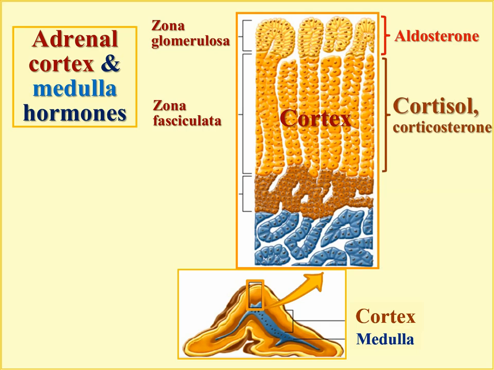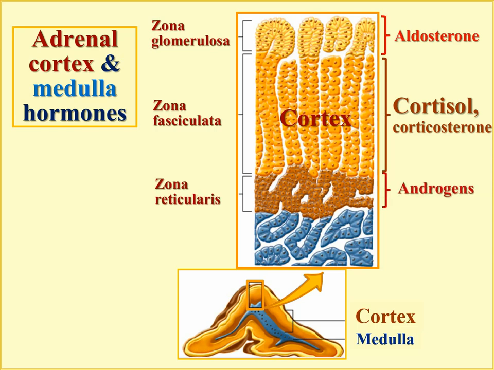Here the glucocorticoids are produced, and the name glucocorticoid is also useful because it helps to memorize at least one great effect of cortisol and other corticosteroids, to increase glucose level. Cortisol is the main representative, and much less corticosterone is present here. And the third layer, the most inner part, close to the medulla, is the reticular zone, or zona reticularis.